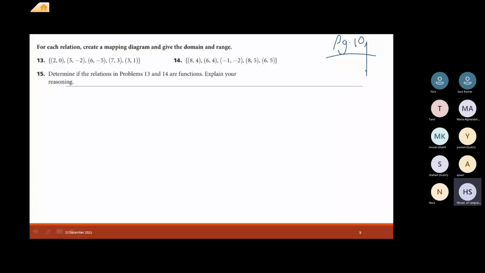Hey, online, I want your answers. Tell me, is 13 a function or 14? Okay, teacher, I'm doing it now. Which one is a function? I will solve them.